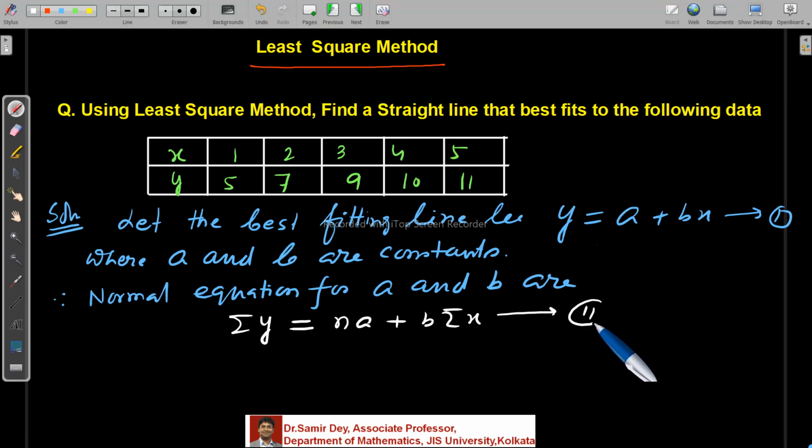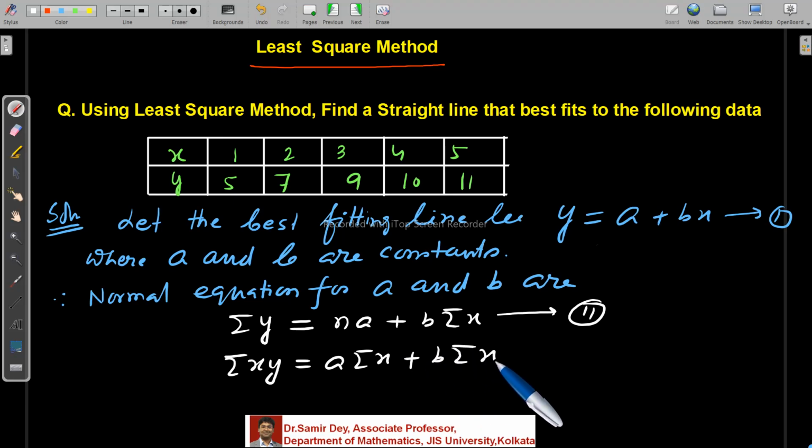This is number 2. And the second one is summation xy = a summation x + b summation x square. These are the two equations.